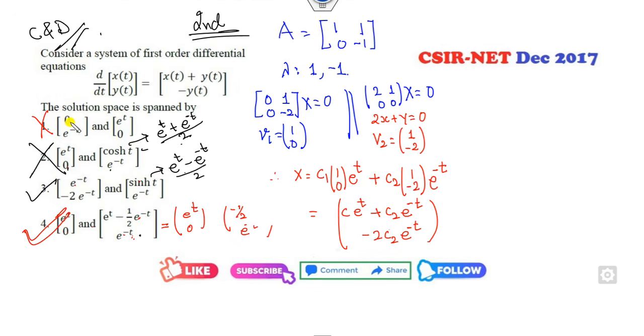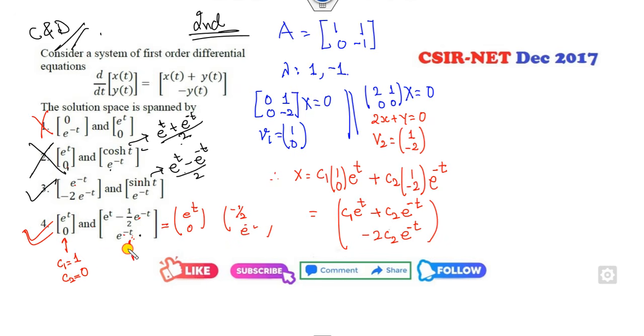Fine. Now you can see the first component will be 0 and e raised to power minus t, but there is no first option, cancel. E raised to power t and 0: can you obtain them? This is my c1. So this option I can obtain by taking c1 as 1, c2 as 0.